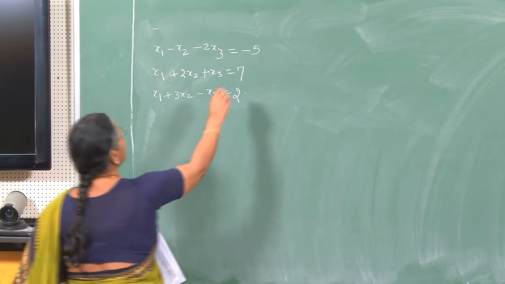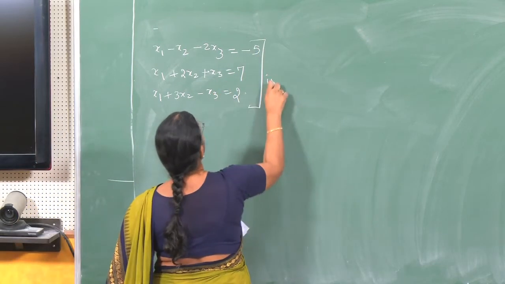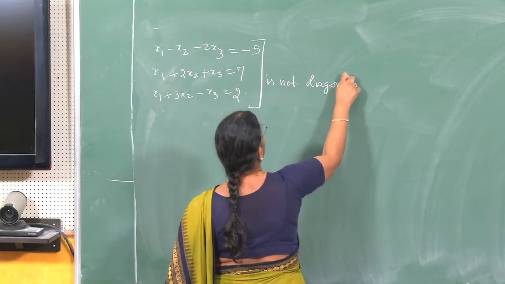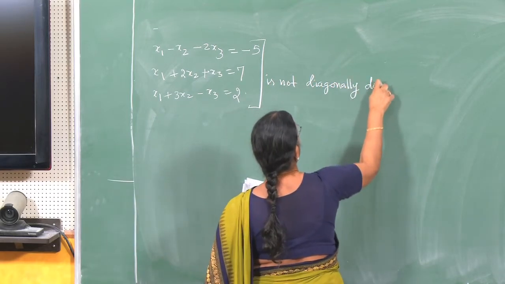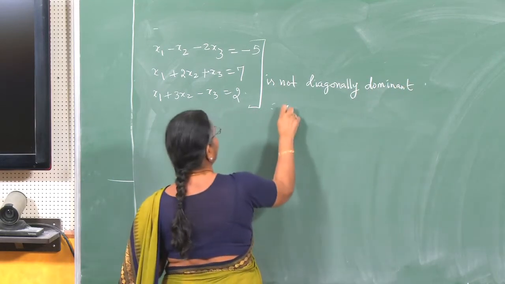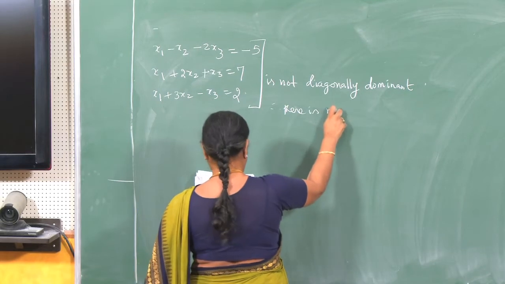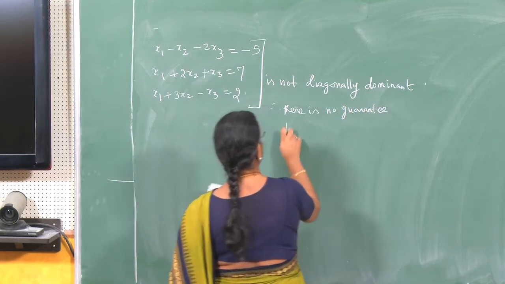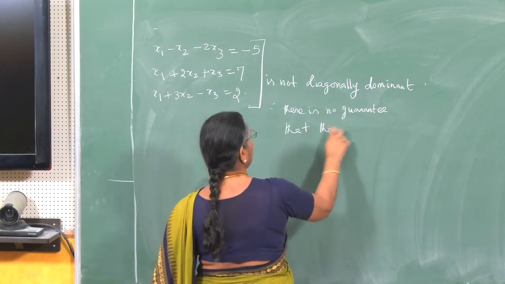We see that the system is not diagonally dominant, and therefore, there is no guarantee that the scheme will converge.